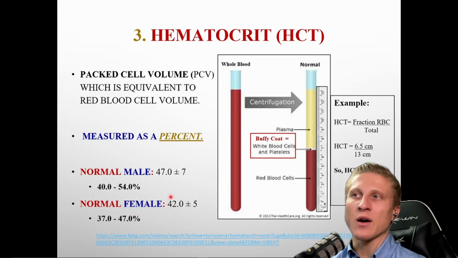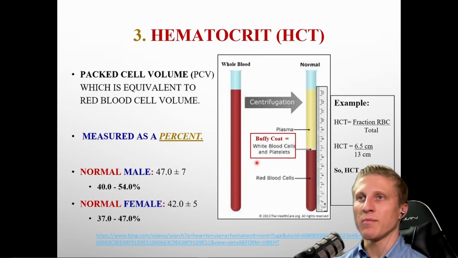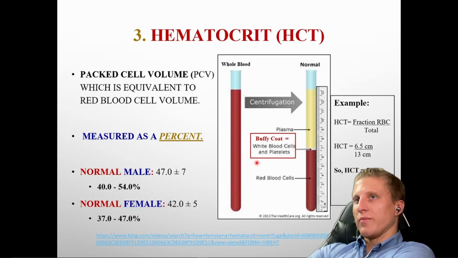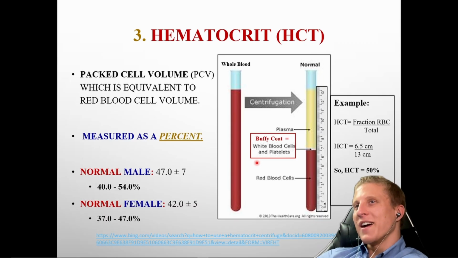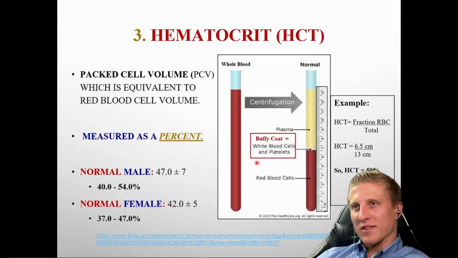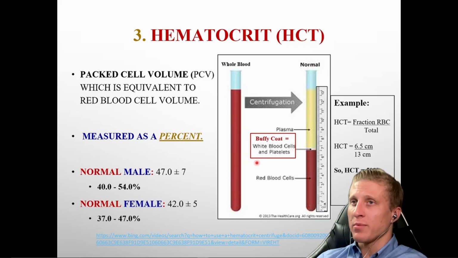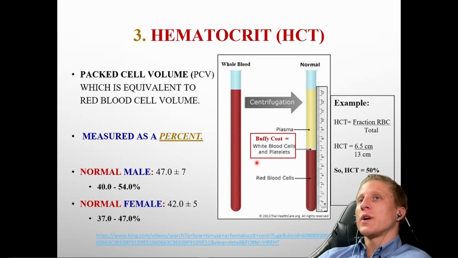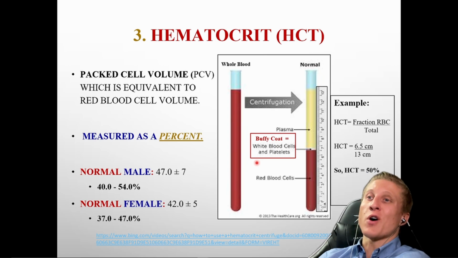Now, in terms of calculating these percentages, it's a very simple bit of math. Yes, there's a little bit of math, but it's as simple as it gets. It's just a ratio of the proportion of red blood cells to the total volume of blood.